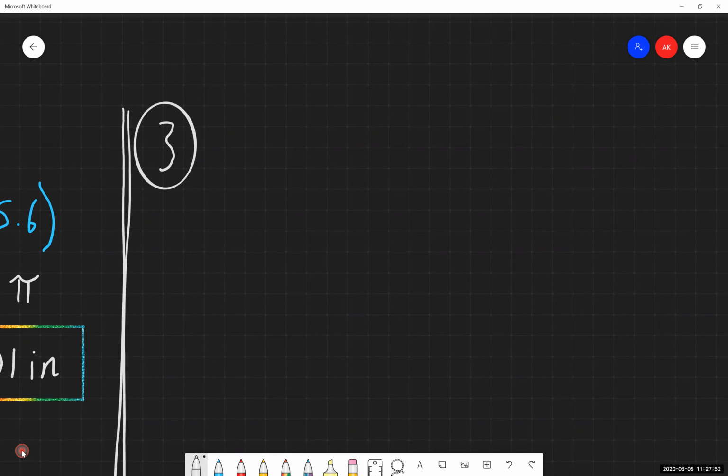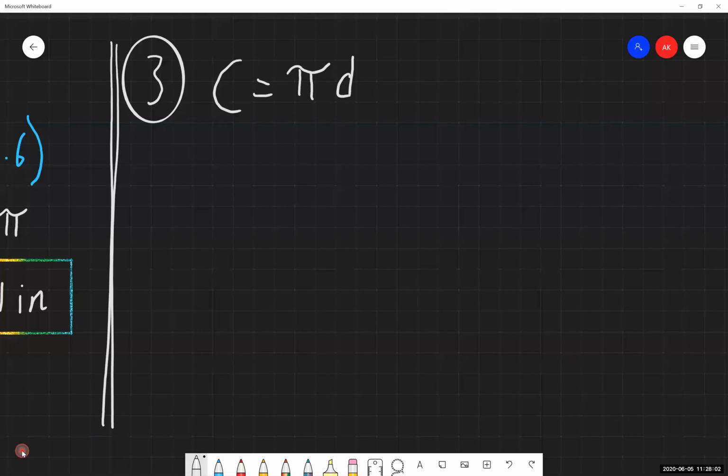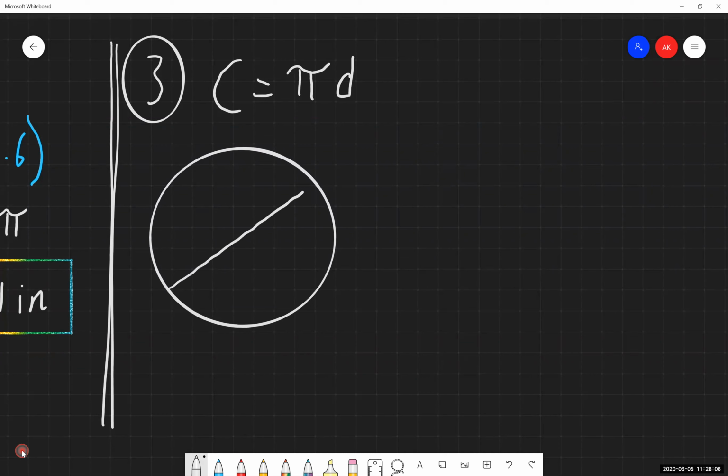So again, we're seeing circumference, we're working with a circle. Let's get that general equation in there. And then we'll draw a silly little picture for ourselves to get a visual of this thing. We are told to find the diameter of the circle. So we do not actually know what the diameter is.